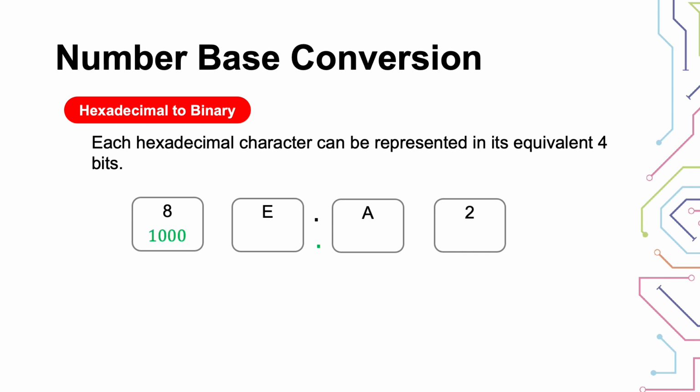So that's equivalent to 1000. Si E it's equivalent to 14. So 14 in binary, that's 1110. Si A is 10. Therefore si A is 1010. Si 2 is 0010. Okay? So what we're going to do is that combine lang nimo ni sila. So we come up with a binary equivalent.